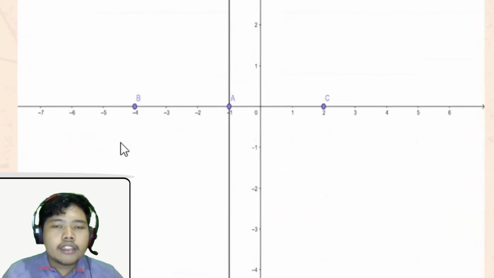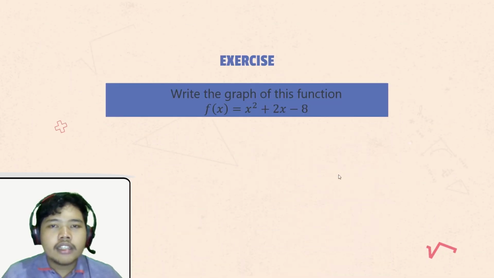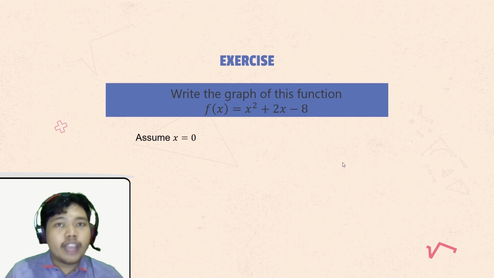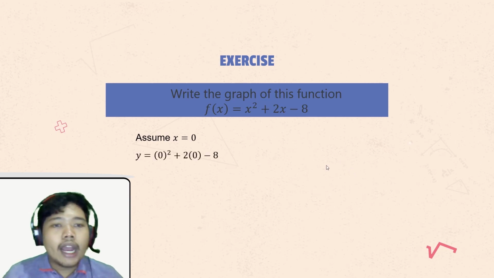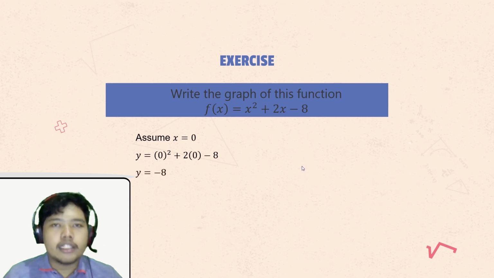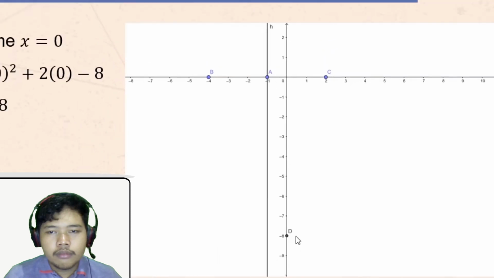So we can put points at minus 4 and at 2, right? Next, the third step is to find the intersection with the y-axis. So we must assume that x is equal to 0. If x is equal to 0, then y must be equal to 0 squared plus 2 times 0 minus 8. Because of that, we will get y is equal to minus 8. So we can put a point at y is equal to minus 8. So this is the point, right?